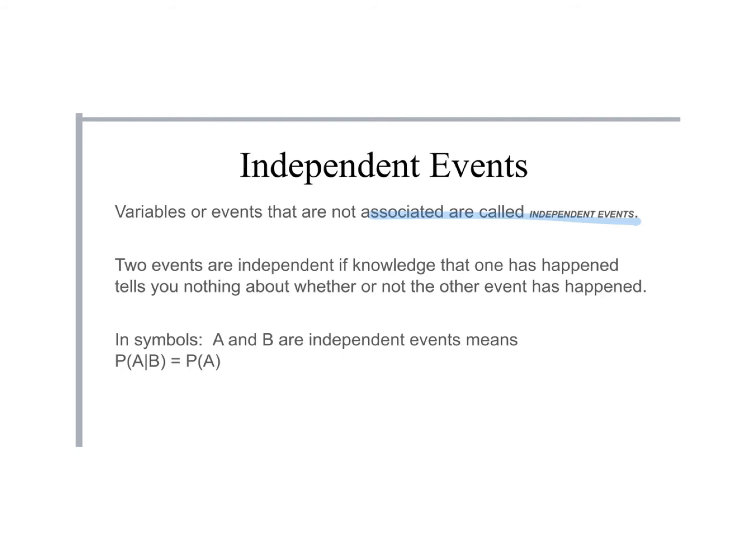So they're not associated. They're totally independent. In symbols, A and B are independent events if the probability of A given B comes out equal to the probability of A. If these two come out equal, that shows that one is not affected by the other. The flip of the nickel is not affected by the flip of the penny.